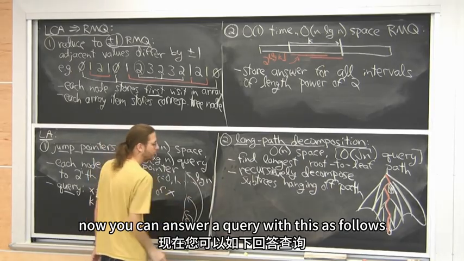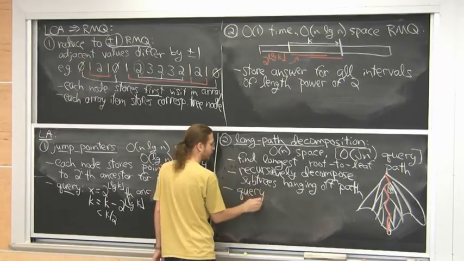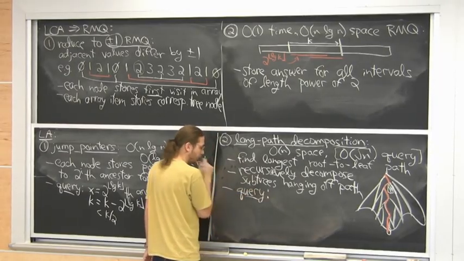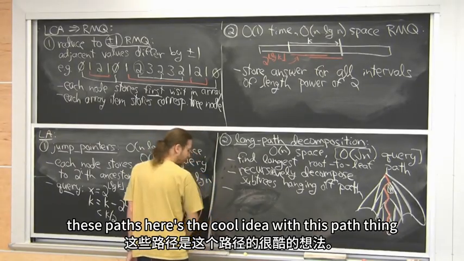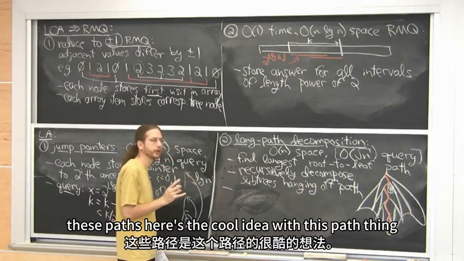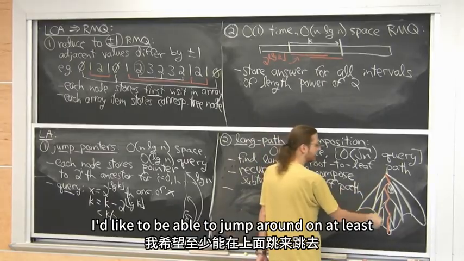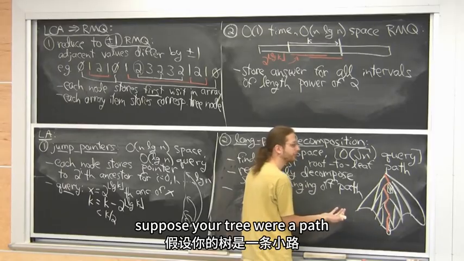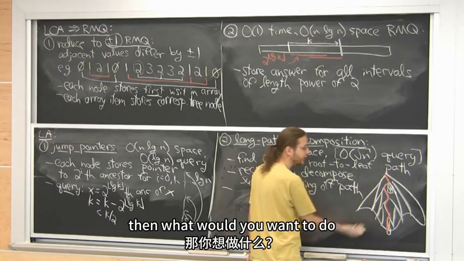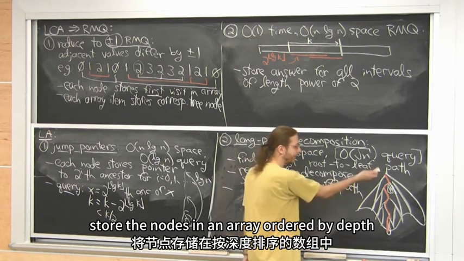Now, you can answer a query with this as follows. Oh, sorry, I should say how we're actually storing these paths. Here's the cool idea with this path thing. Okay, I have this path. I'd like to be able to jump around on, at least, suppose your tree were a path. Then what would you want to do? Store the nodes in an array ordered by depth.